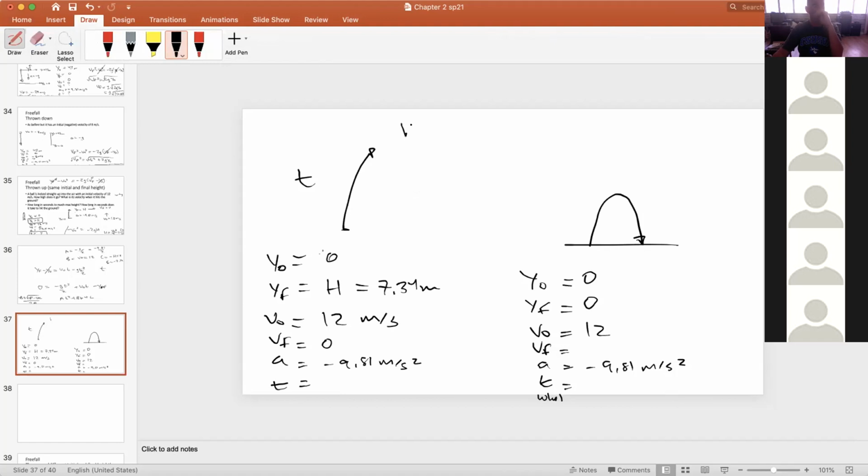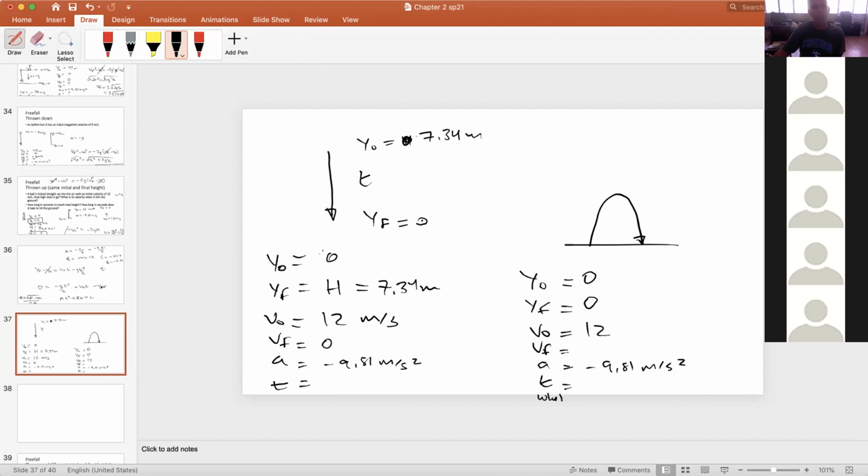So the time to get up there, which one do I want to use here? Well, let me actually flip this around. I'm going to do something a little bit different. The time to fall. So the time to fall, y initial will be 7.34 meters.